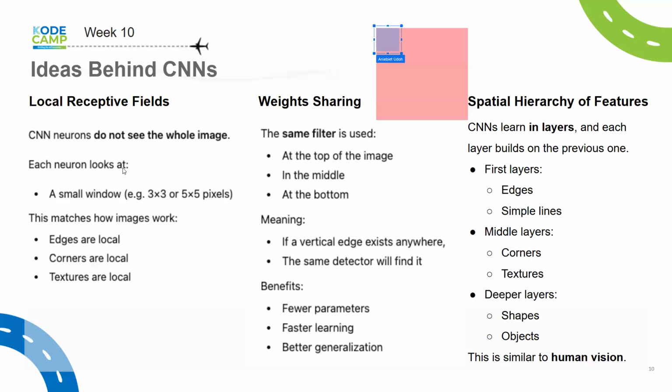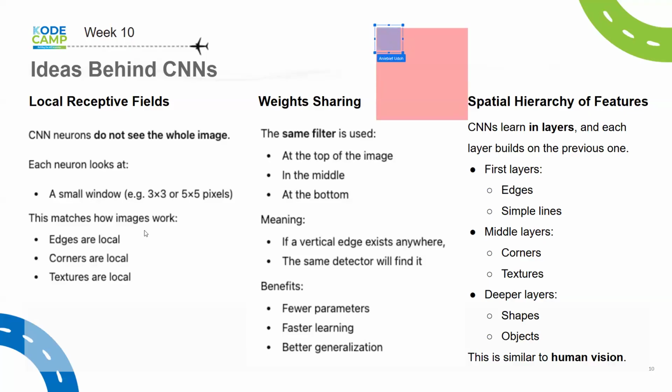So each neuron, well, I wouldn't technically say each neuron, but rather each group of neurons, each kernel, is going to look at a small window, 3 by 3 or 5 by 5 pixels at a time, right?